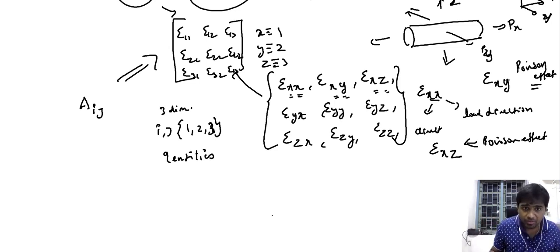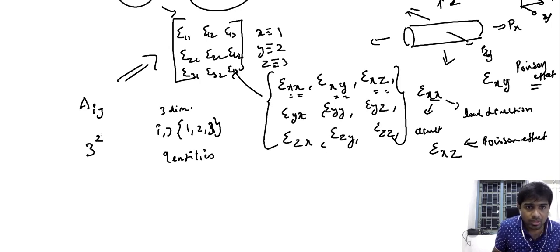But one other way of understanding this would be, since it depends on the combinations of i and j, we have i assuming 3 values and j assuming 3 values. The number of entries associated with this particular tensor can be written as 3 power 2.